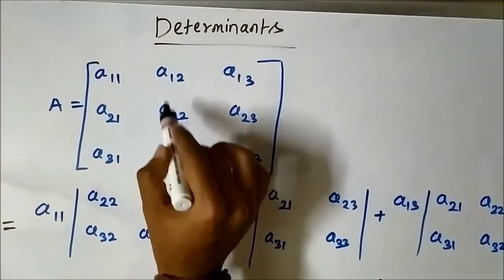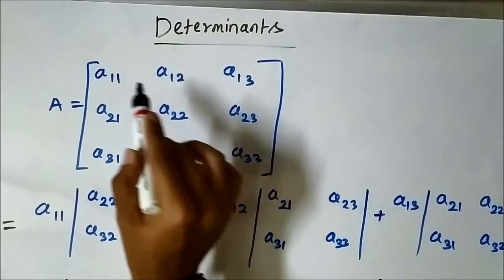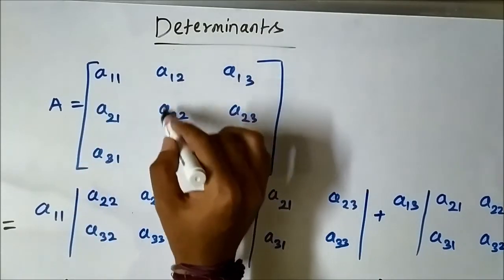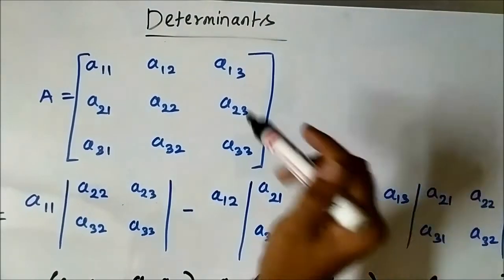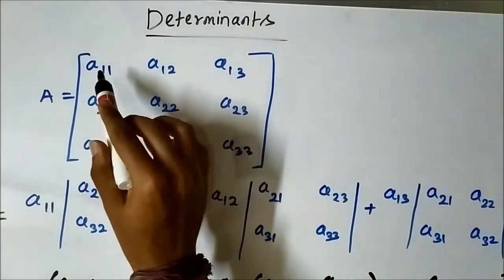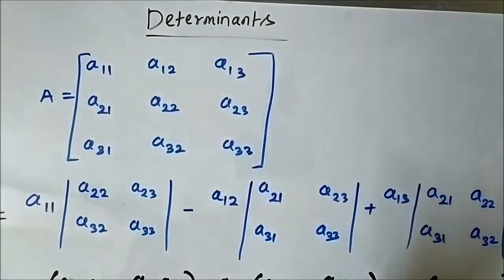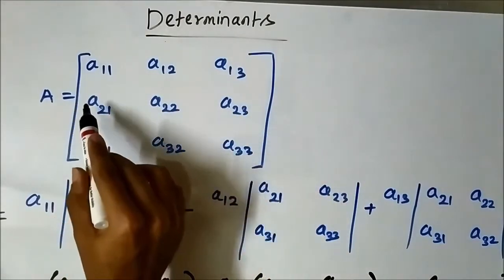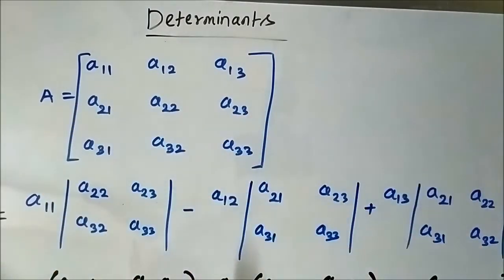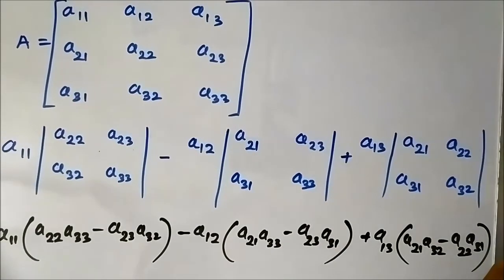You follow the same practice again, but this time it is minus A12, so you completely remove the first row and the second column and determine the determinant value of the remaining 4 elements. For A13 also in the same way, you completely remove the first row and the third column, determine the determinant value of the remaining elements, and you get the result.